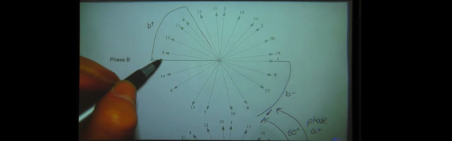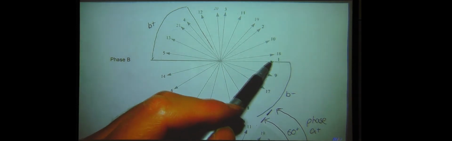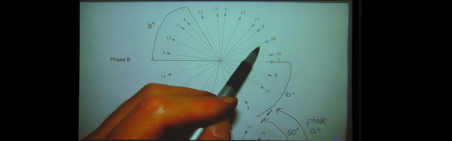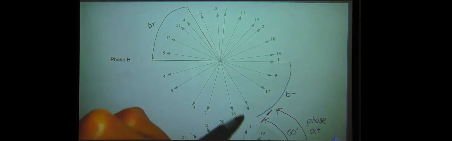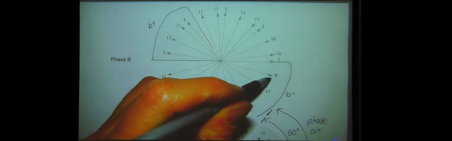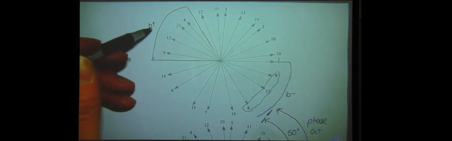They're fully in the span of 60 degrees for B plus. But we need 7, so we only have 4 here. We look over to the other side, and we need 3 more. 1 has already been decided that we'll take for A. So we need 3 more, so that would be 9, 17, and 8, just on the boundary. So these 3 would also be grouped into B.